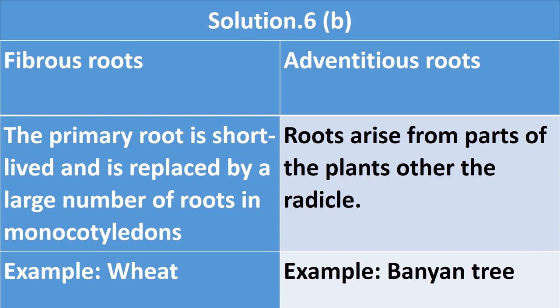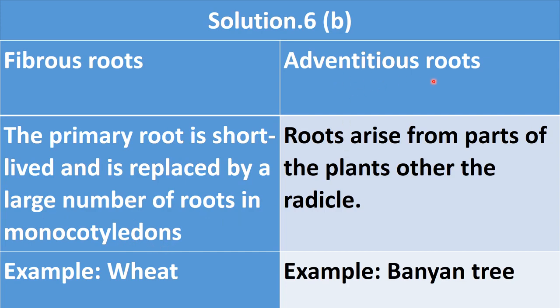So there is a difference between fibrous roots and adventitious roots. So this is the difference. In case of fibrous root, the primary root is short-lived, and that is replaced by a large number of roots, and it is found in monocotyledons.